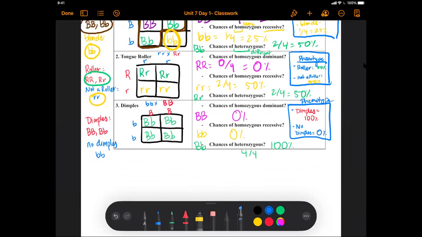All right. So Ria says, I'm the only one out of my 4 siblings who has dimples. So then what does that mean for your parents? What genotypes would they have to have in order to pass on the no dimples trait?